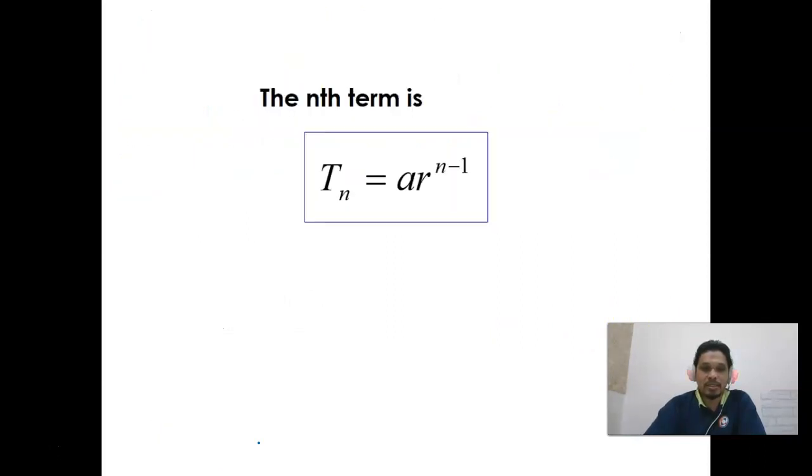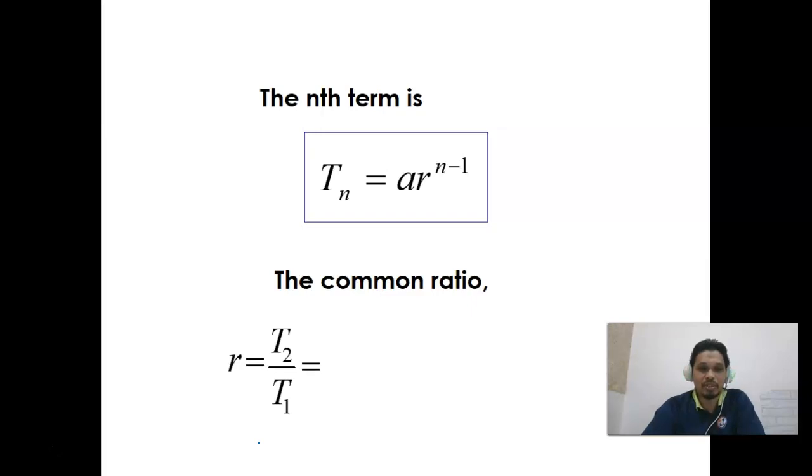The common ratio, r, equals the nth term multiplied or divided by the previous, n minus 1 term. For example, t2 divided by t1, the second term divided by the first term, the third term divided by the second term, and so on until we come up with the general nth term divided by the n minus 1 term.